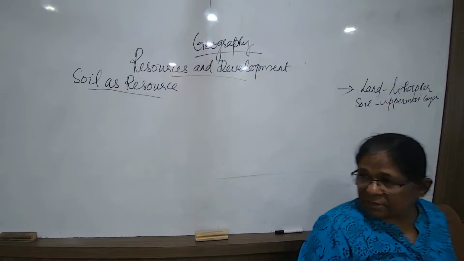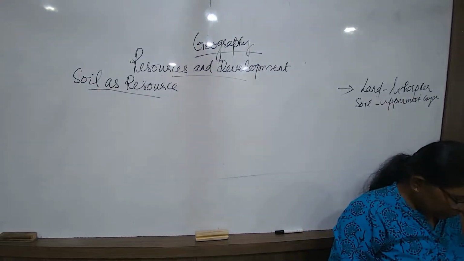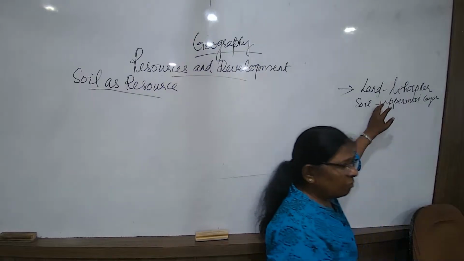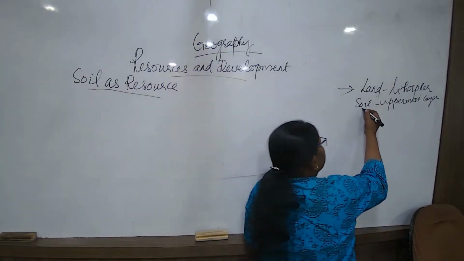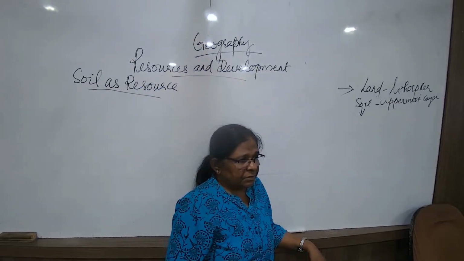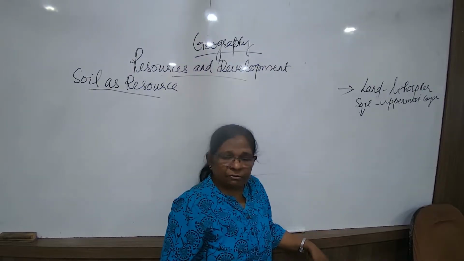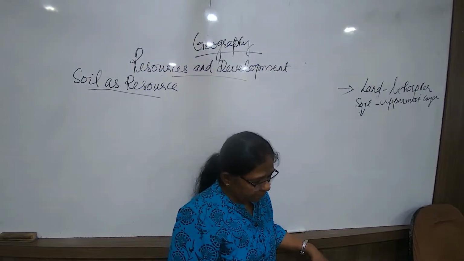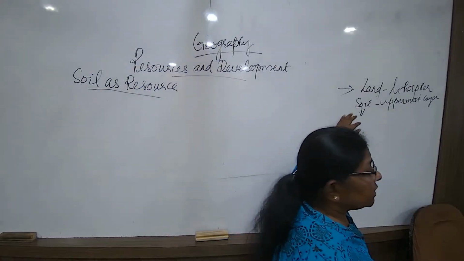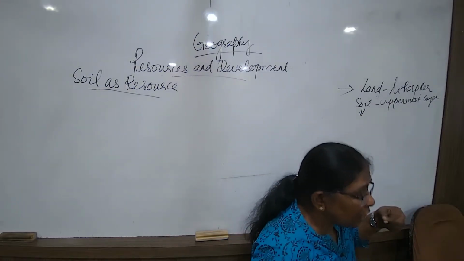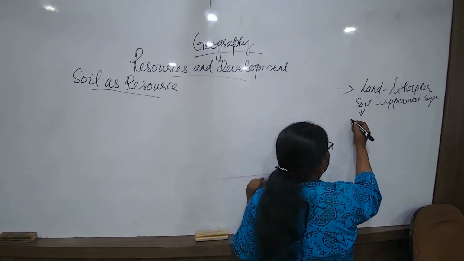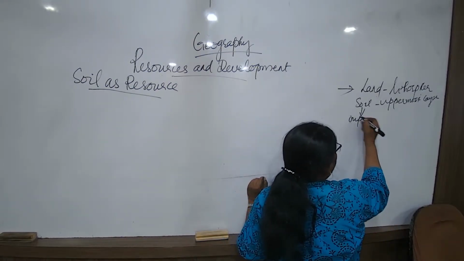Now, when we study about this soil, what are the important characteristics of soil? Loose fragmented bases. Then it is an important renewable natural resource. So you have to write important.